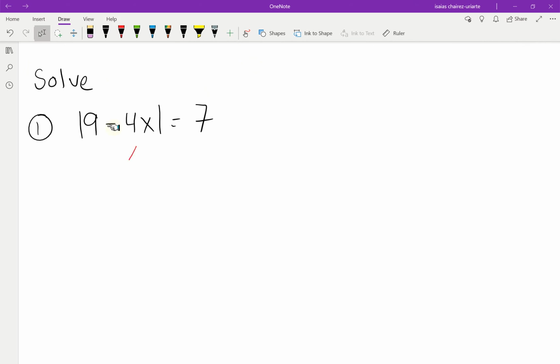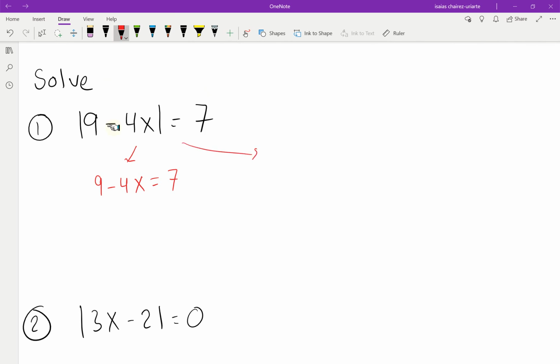One of them is 9 minus 4x is equal to 7. And the other one is 9 minus 4x is equal to negative 7. And now I have to solve both of them.